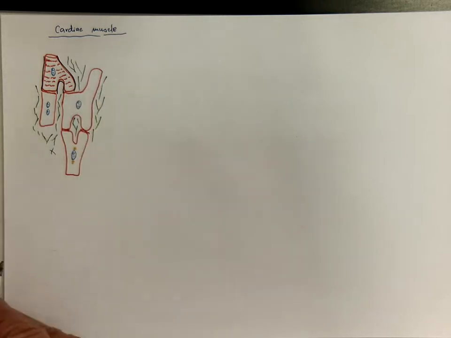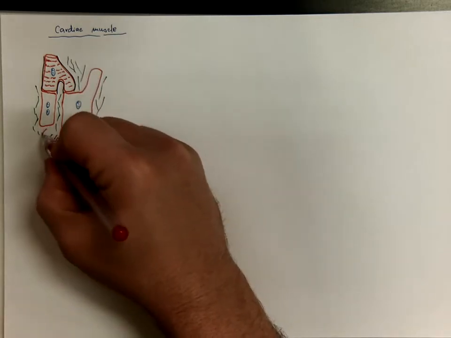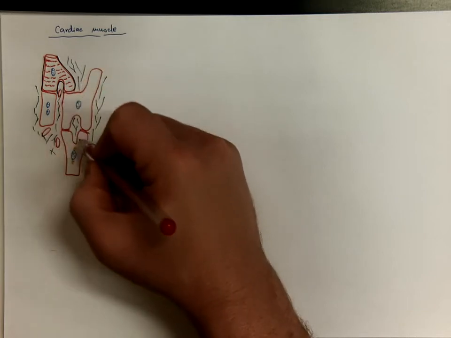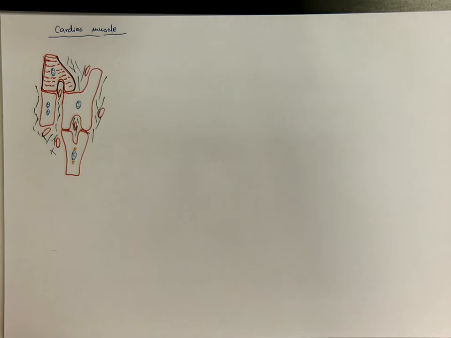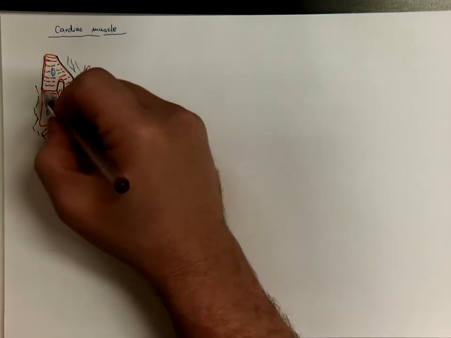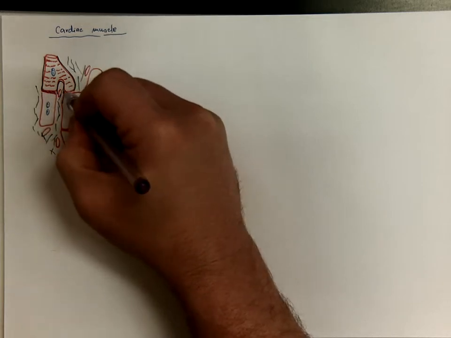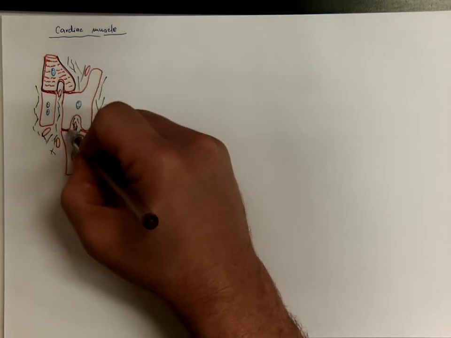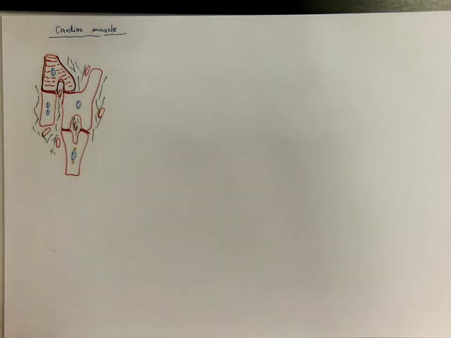The connective tissue is called endomysium, and here we have these capillaries, a very rich network. On the contact between two adjacent cardiac myocytes, there are special regions called intercalated discs that are accumulations of cell-to-cell contacts.